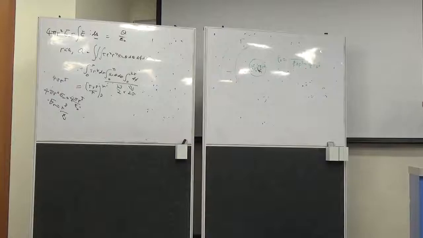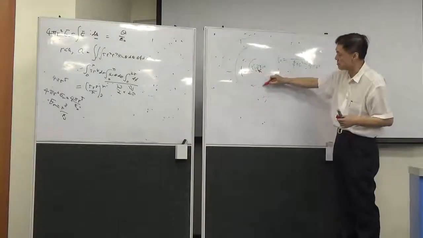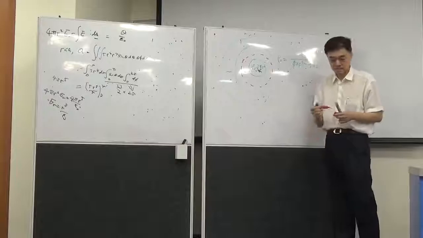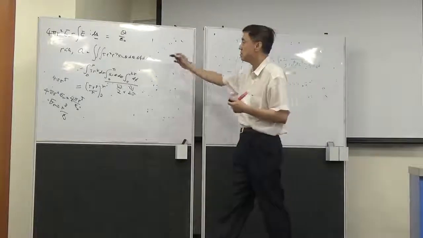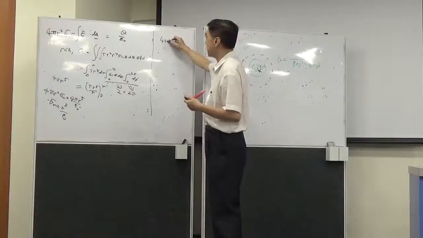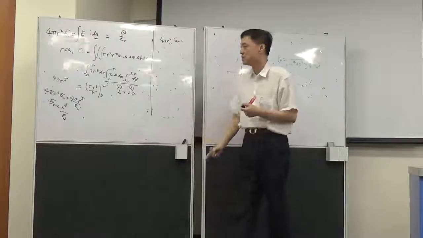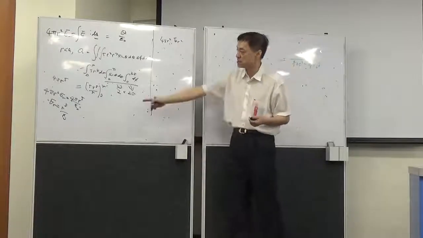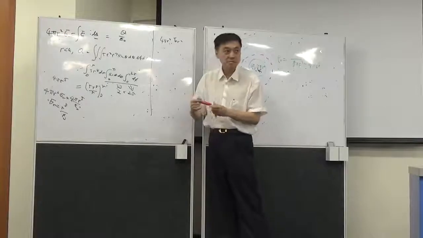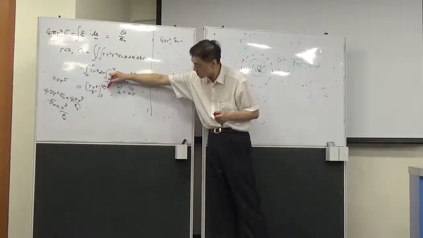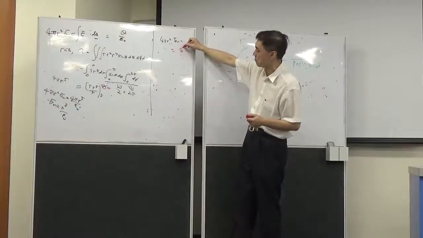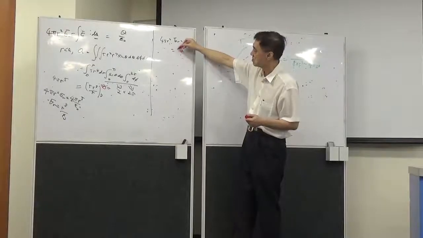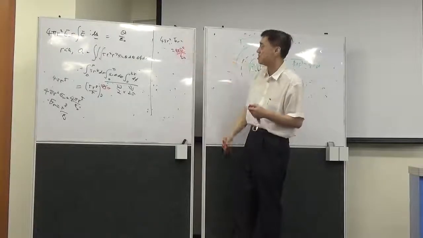Now, what happens if I draw a Gaussian surface here? Then this side is still equal to 4 pi R squared ER. Now, what is the total charge enclosed? The total charge enclosed is by changing this one to A. So it is equal to A to the power of 5, 4 pi, over epsilon naught.